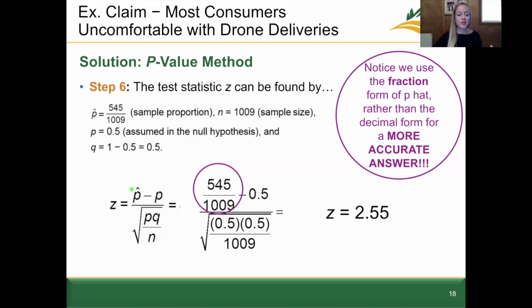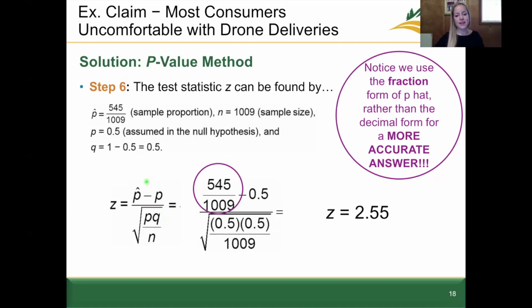What you can do is set up different cells with all these values here, your p-hat value, your n value, p and q, and then plug all your numbers into a function that's set up like this, where you take p-hat, but in the fraction form, not the decimal form, minus p all over the square root of p times q divided by n. I prefer to use Excel for this because I find that I can catch little mistakes easier with Excel than I can with a calculator.